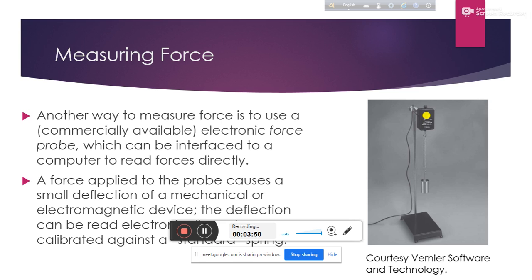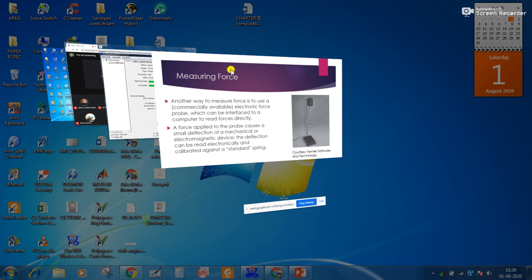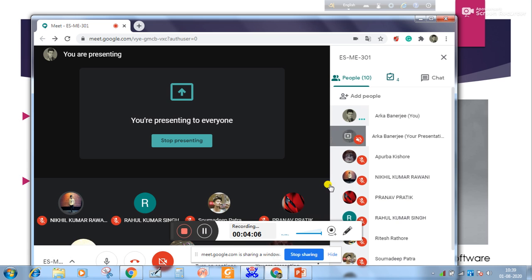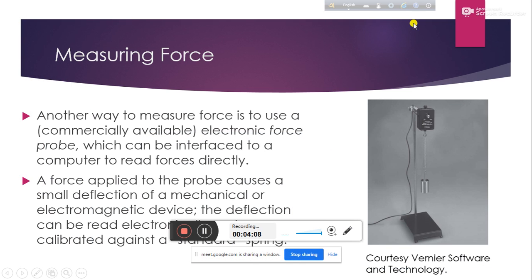If we have already calibrated how much voltage is generated for how much force, then next time, only by reading the voltage, we can say this is the amount of force.